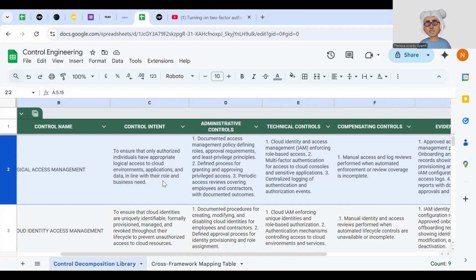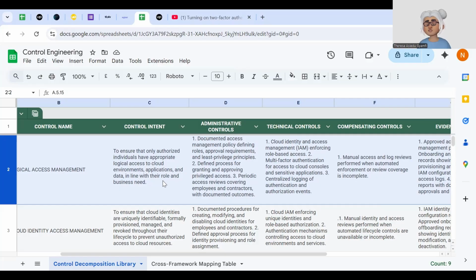If we have these administrative controls in place, then automatically we'll be achieving the control intent, and we'll have good logical access management in place.